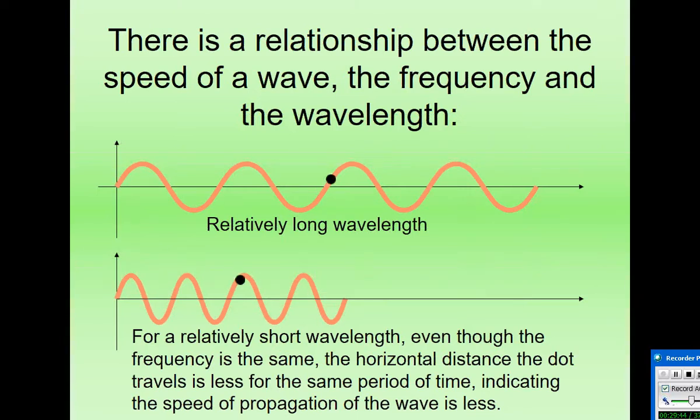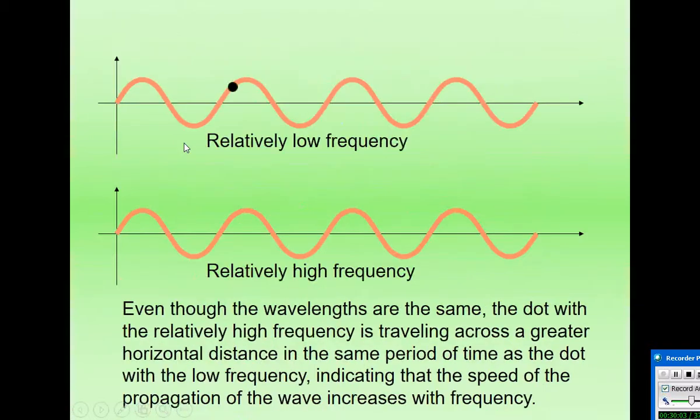But for the wave with the longer wavelength, the dot has to travel faster. So what we can see is that if I wanted to calculate propagation speed, it seems to go up as the wavelength goes up. So there's a relationship between propagation speed and wavelength.